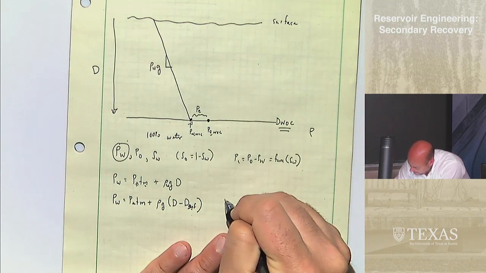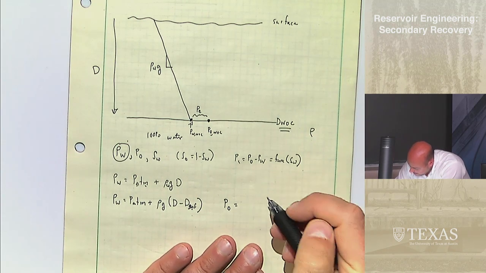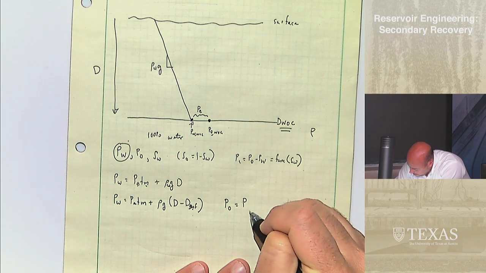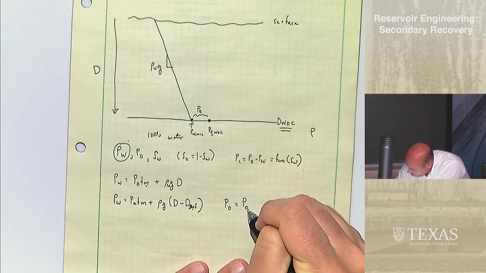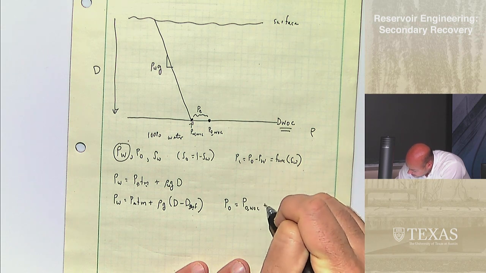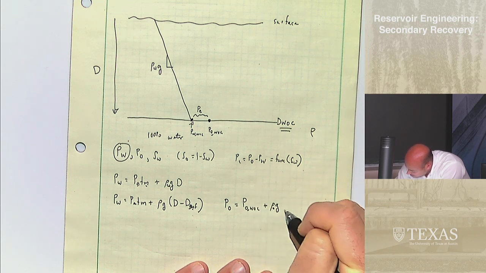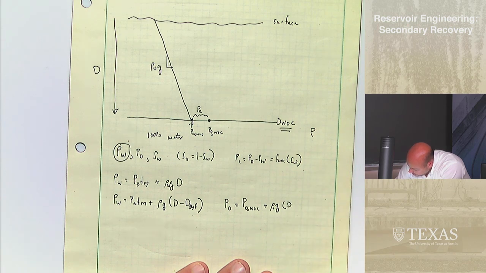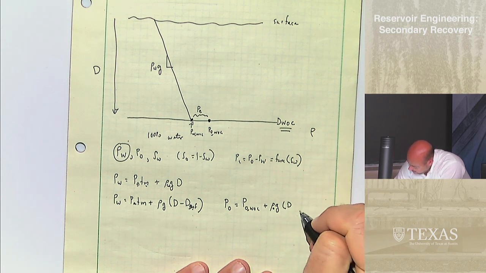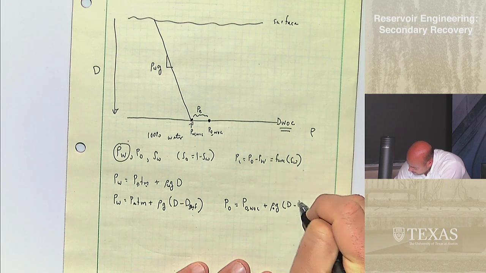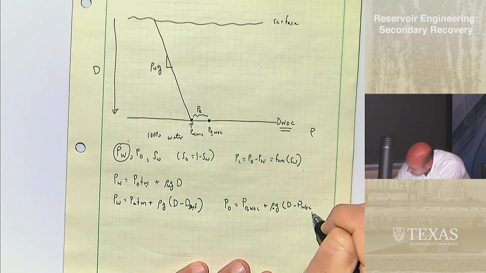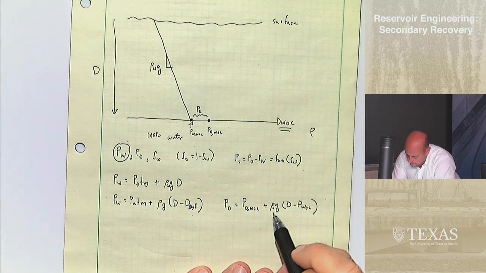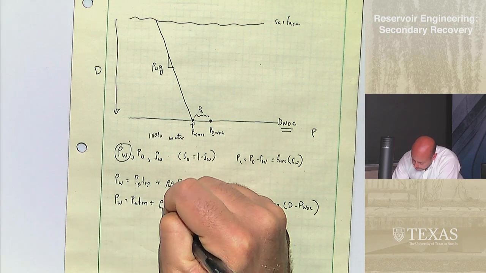And of course, PO is going to be equal to P of O at the water-oil contact line plus rho oil G times the depth difference. Okay. So the density of oil is different than the density of water.